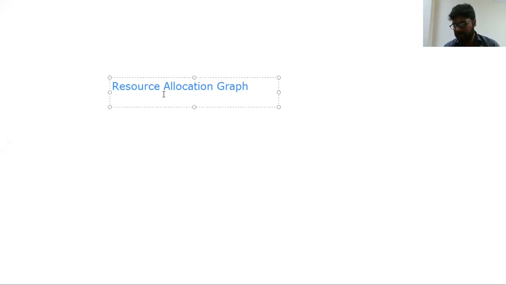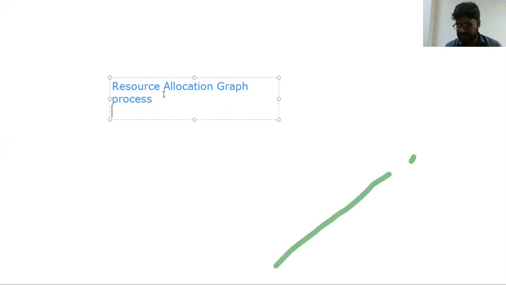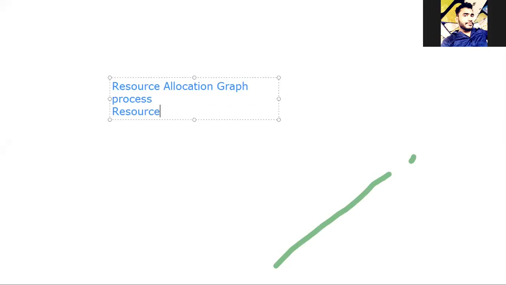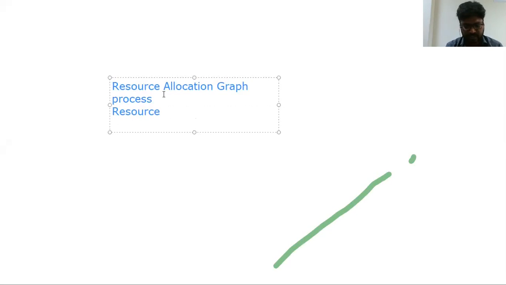In the resource allocation graph, we have four components. The first one is process, the second one is resource, the third one is request edge, and the fourth one is assignment edge.